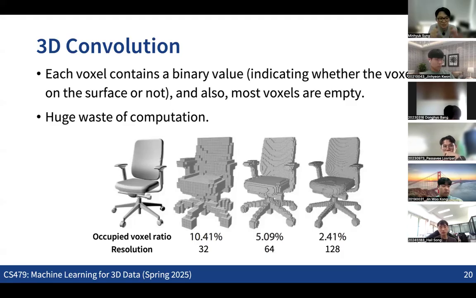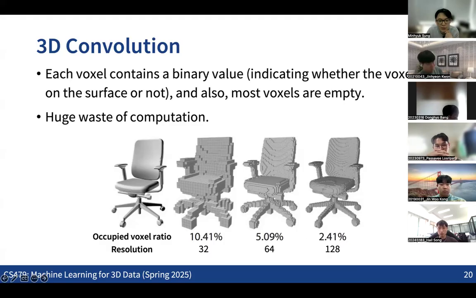Once we divide the space into small voxels, if we see how many voxels are located on the surface, we can see that less than 3% actually have surface information. This is even the case when the resolution is 128 cubed, which is still quite low resolution, not capturing all the fine details of the given shape, right?